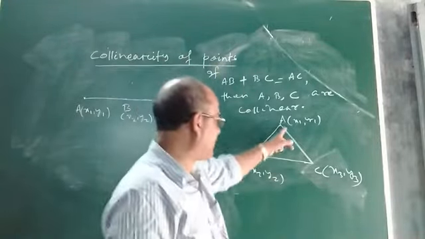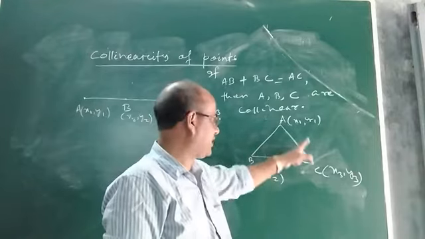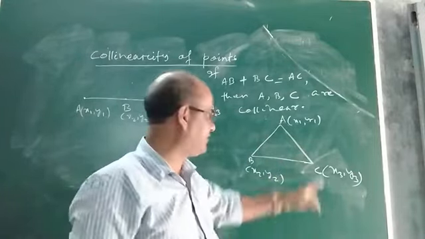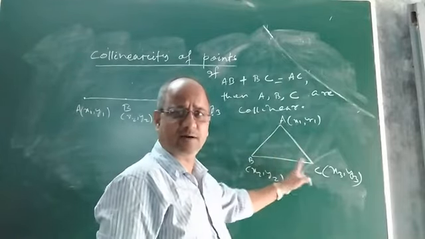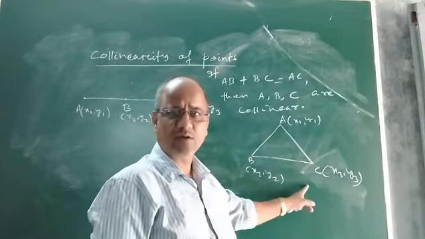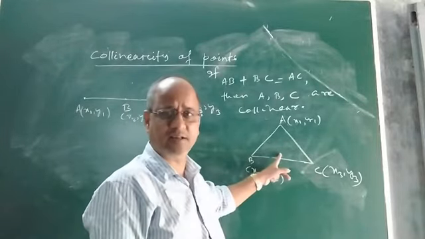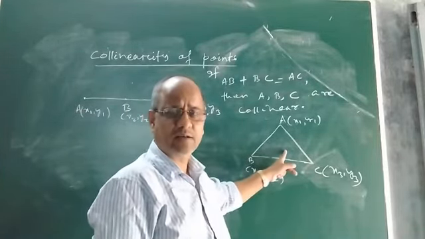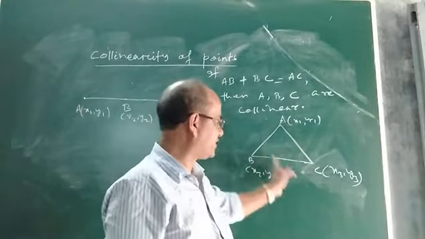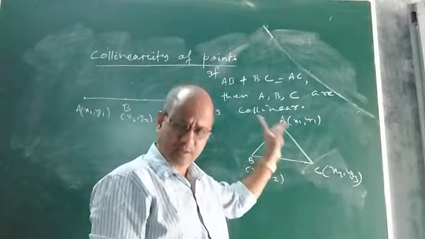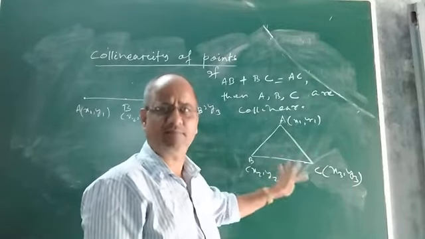Now the point is, in order that these 3 vertices or these 3 points will be collinear, what will happen? Under what condition? If you just imagine, you can easily answer. Here the 3 points A, B and C are non-collinear, no doubt, because they lie on the same plane but not on the same line.